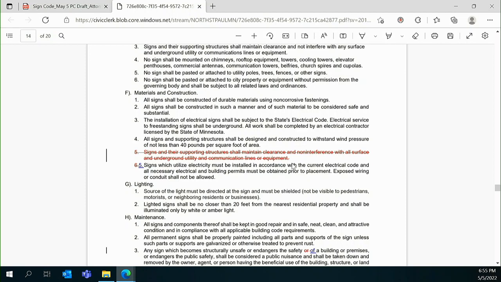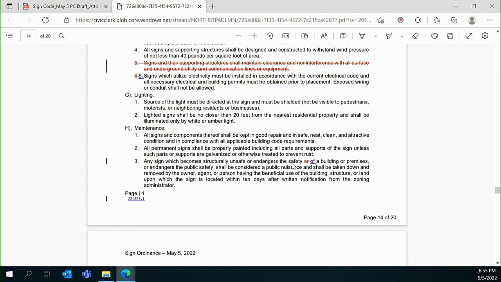And the very last thing, the maintenance, the third bullet, is an option for somebody not to repair their sign? I mean, it says the sign shall be taken down and removed. I thought, well, do they have an option of repairing it, assuming it can be repaired? I'm looking at 3.